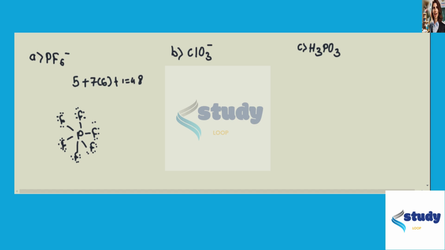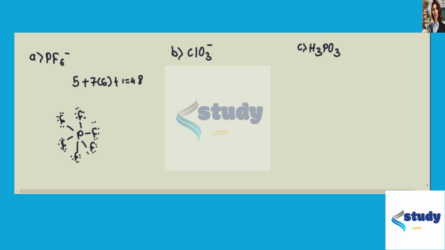So we have used all 48 valence electrons in the PF6 minus Lewis structure. The key here is that phosphorus is below period 2 in the periodic table. That means it can have an expanded octet. It can hold more than 8 valence electrons. Phosphorus has a formal charge of -1. So that's the Lewis structure for PF6 minus.